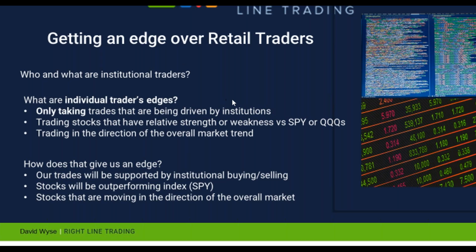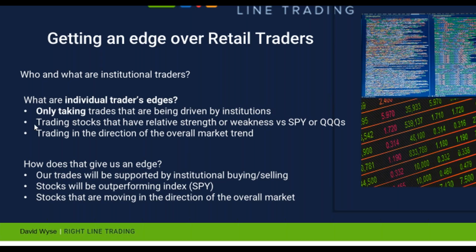We're only taking trades that are being driven by the institutions. We're trading stocks that have relative strength or relative weakness, which means if we're in a trade with relative strength and the market turns against us, it's not going to fall as fast, because it had relative strength to start with. This relative strength is underutilized and not understood very well by most retail traders.